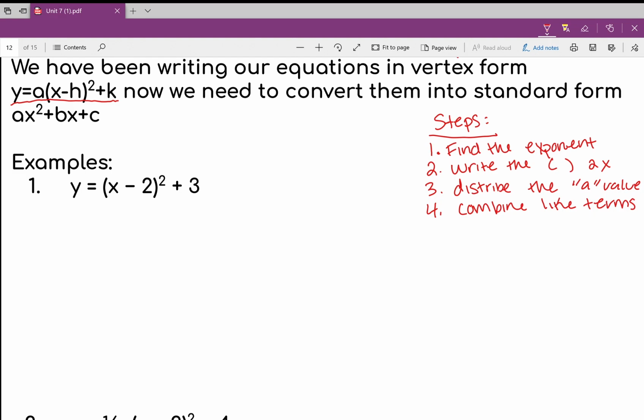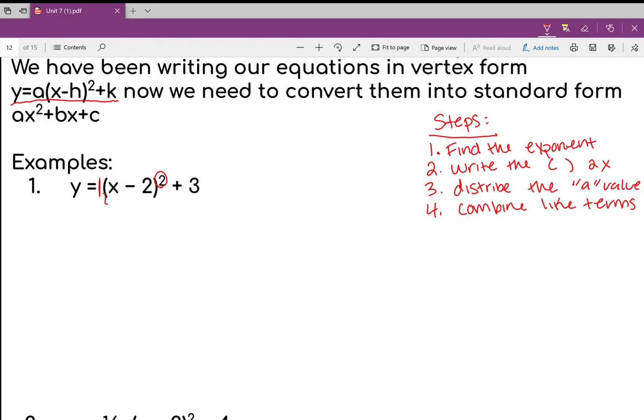So let's follow these steps and do example 1. Example 1 is y equals (x minus 2) squared plus 3. Remember, it looks like this vertex form up here. So our a value is 1, since we don't see any a value there. The first step says find the exponent. So here's the exponent. And step 2 says write the parentheses 2 times.